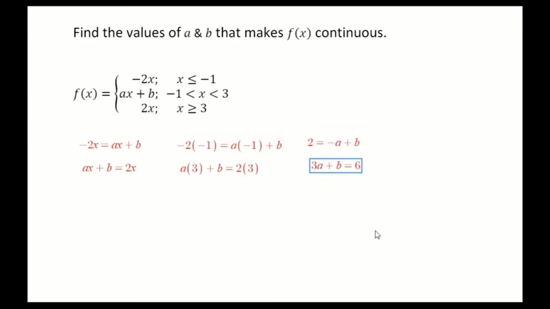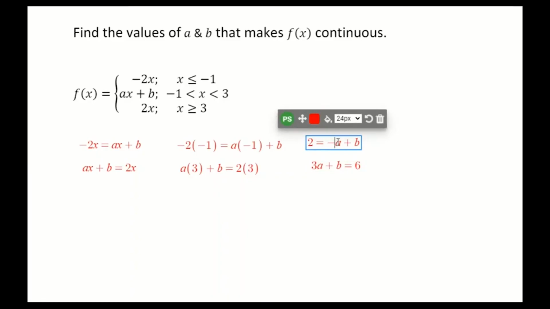So we've got a pretty nice set of equations here. I'm going to move this one around just a little bit so that we can use elimination as our method of solving. You can use substitution here, but I think this one is going to be easier with elimination. If I add a to both sides and subtract b, I get a minus b, and then I move the 2 over to get negative 2 on the other side.